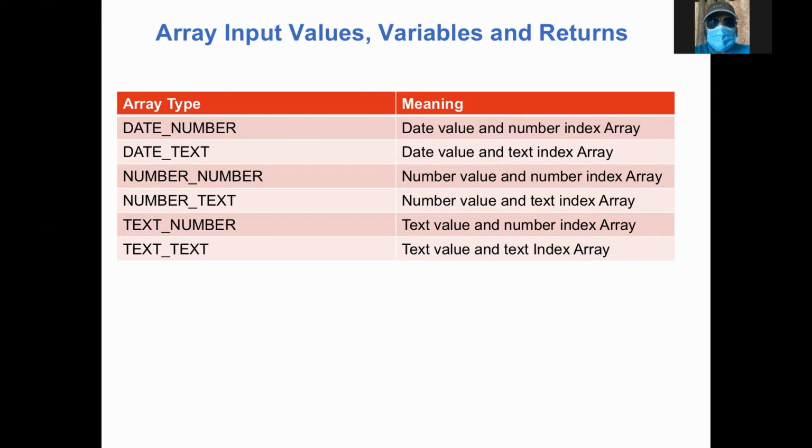How is the text index going to work? For example, you want to create a variable, and this is a hypothetical example. You are creating an array for currencies with a conversion rate. Assume you can say USD to UK pound conversion rate.